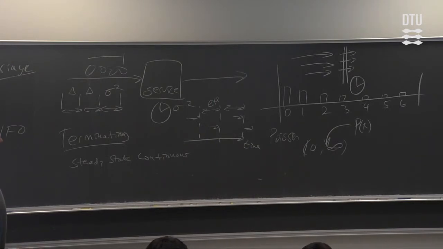And I don't want to take the time to do it. In fact, I didn't even prepare notes for it because I knew I wasn't going to do it. But if I wanted to spend another 10 minutes, I could walk you through and show you that this is not a coincidence. This is because the exponential and the Poisson distribution, in my opinion, are in fact the same distribution.